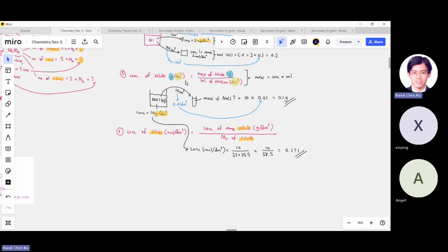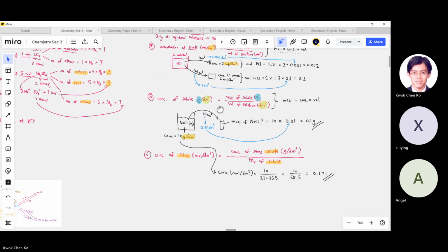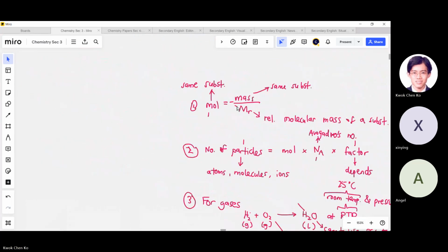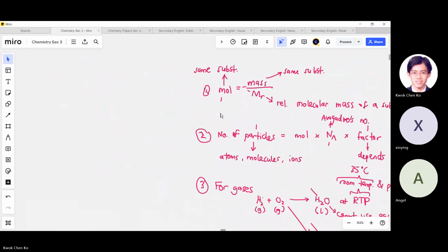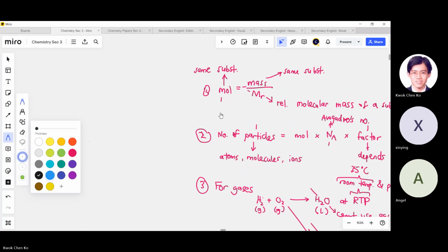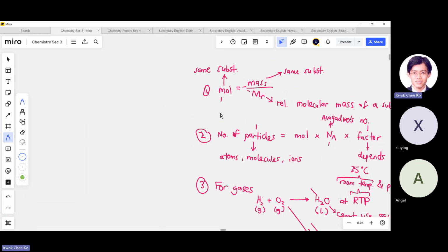Okay, so let's step backwards and go back to Formula 1. Now, let's have a simple equation. This one I had given you earlier. Balance it and fill in the state symbols.